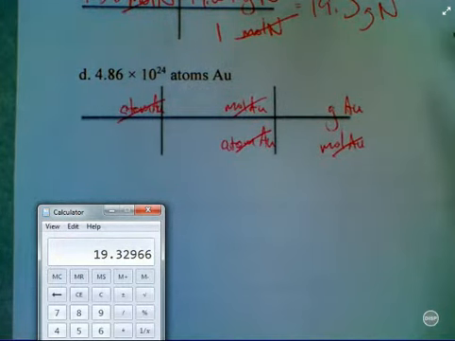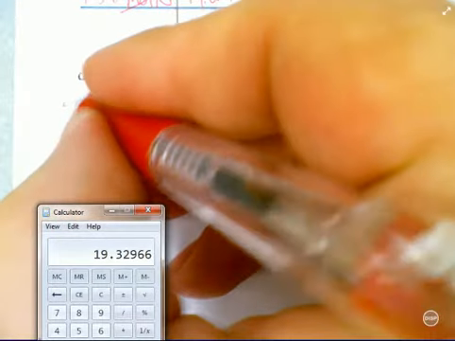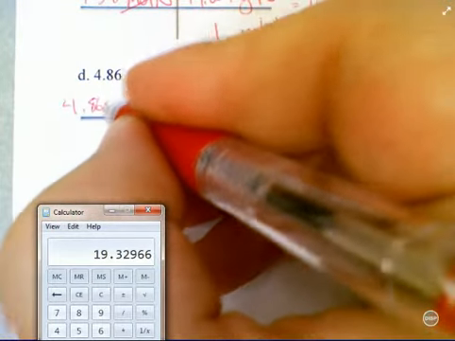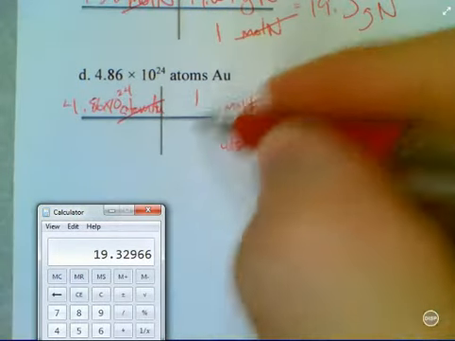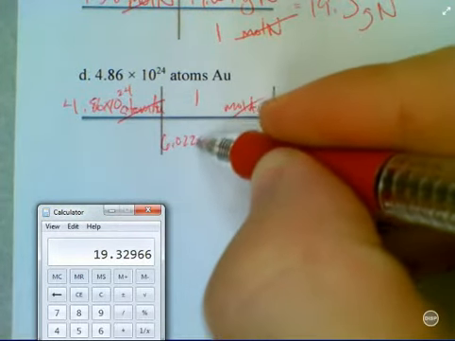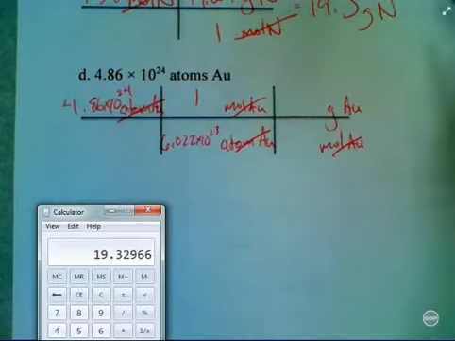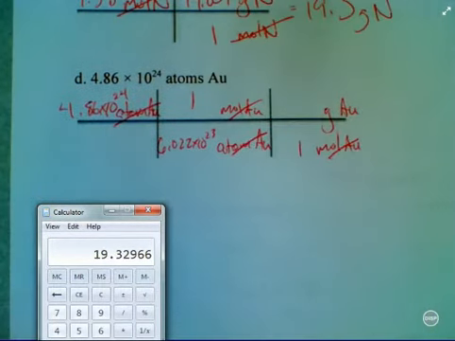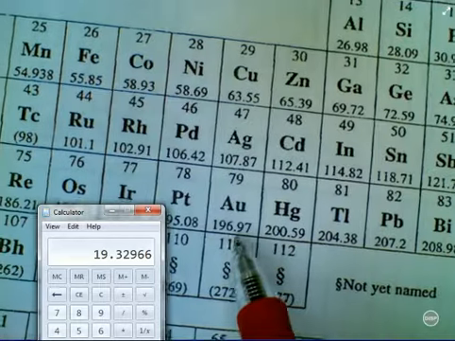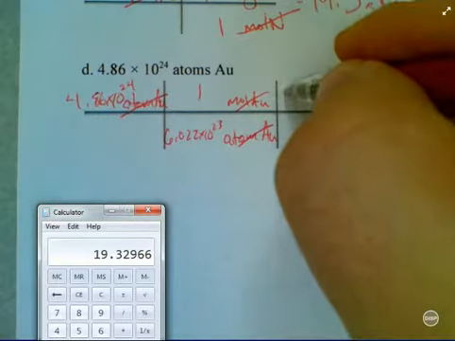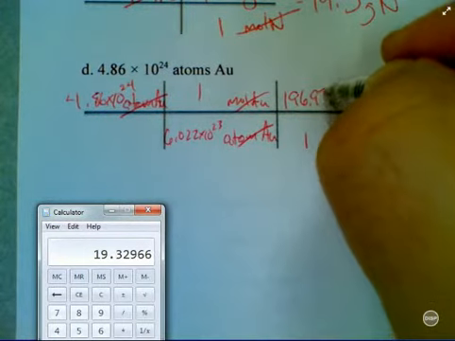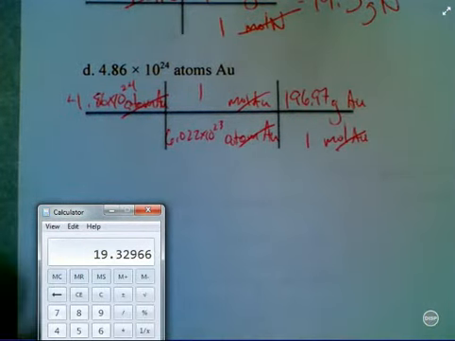So now it's time to go back and actually plug in the values. 4.86 times 10 to the 24th atoms. In any 1 mole, there are 6.022 times 10 to the 23rd atoms. In any 1 mole of gold, 196.97 grams of gold.